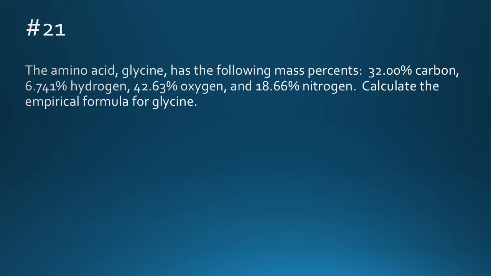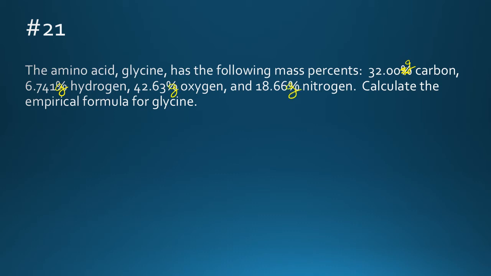Yes, you're going to multiply each one of these by 100 grams because in this problem we're given percents. If you multiply them each times 100 grams, that means I can ignore that and pretend it says grams because 32% of 100 is 32, which means I have grams here and grams here and grams here.